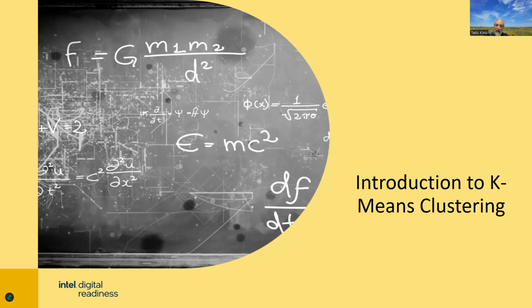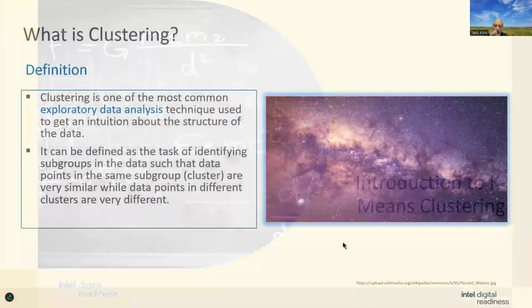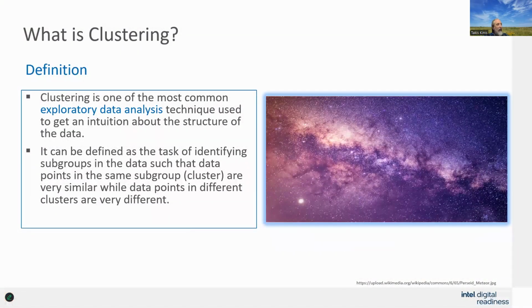So let's look at an example here as we start talking about k-means clustering. First of all, what is clustering? They're calling it the most common exploratory data analysis technique. What we're trying to do is get some knowledge about how this data is put together.